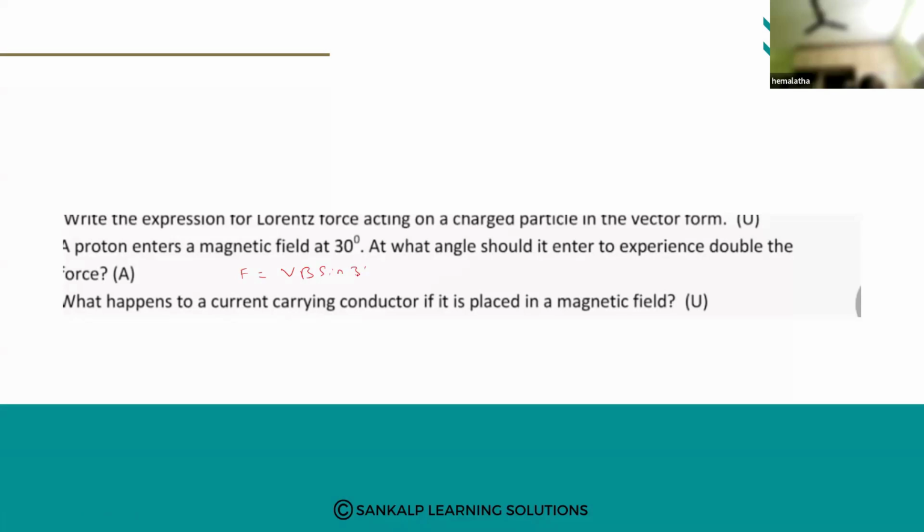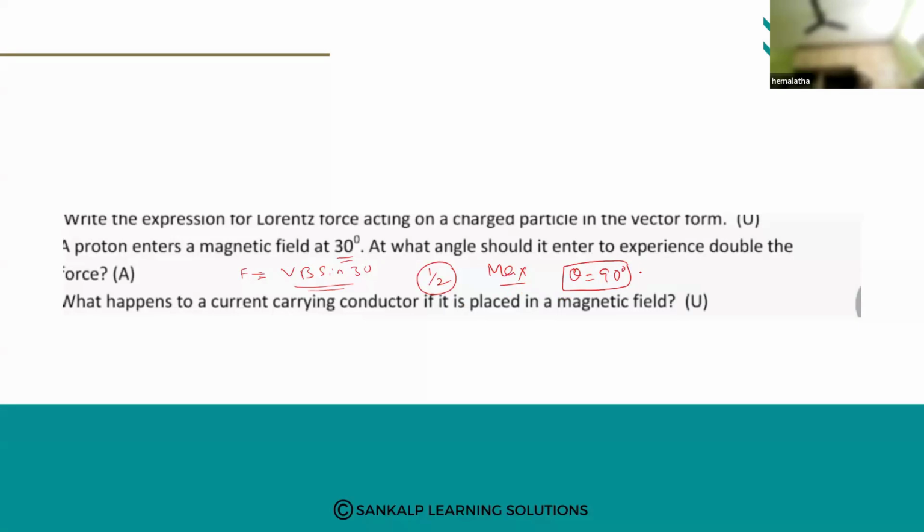At 30 degrees, sin 30 is half, so the force is half. To get the full force, we know the maximum is when theta is equal to 90 degrees. The proton entered at 30 degrees, giving half of the maximum. To double it, theta should be 90 degrees, because whenever theta is 90 degrees the force is maximum.